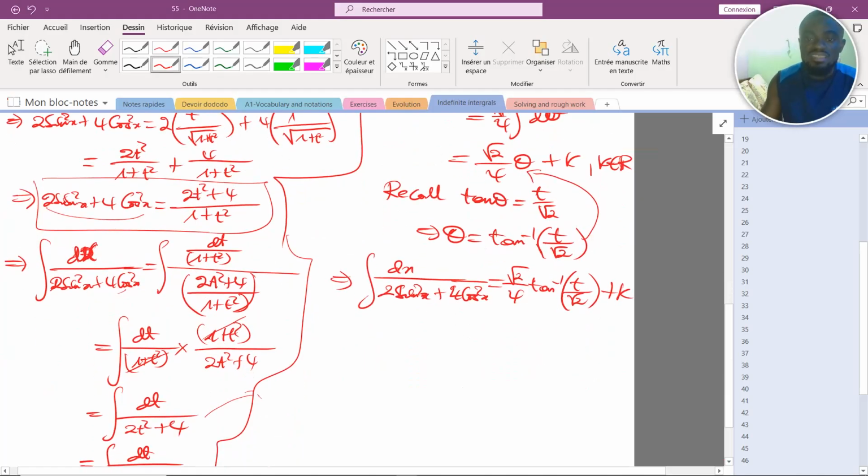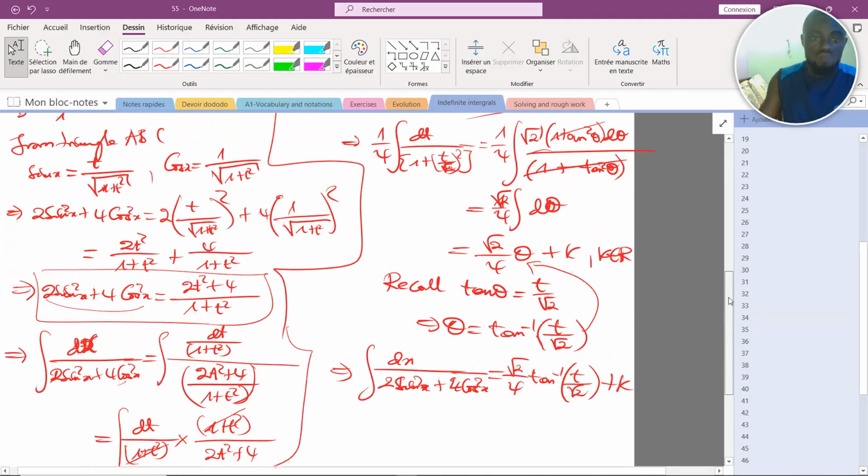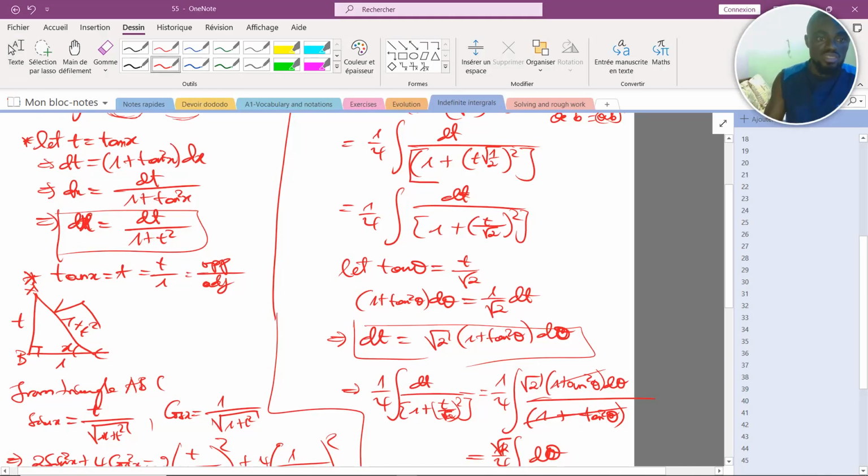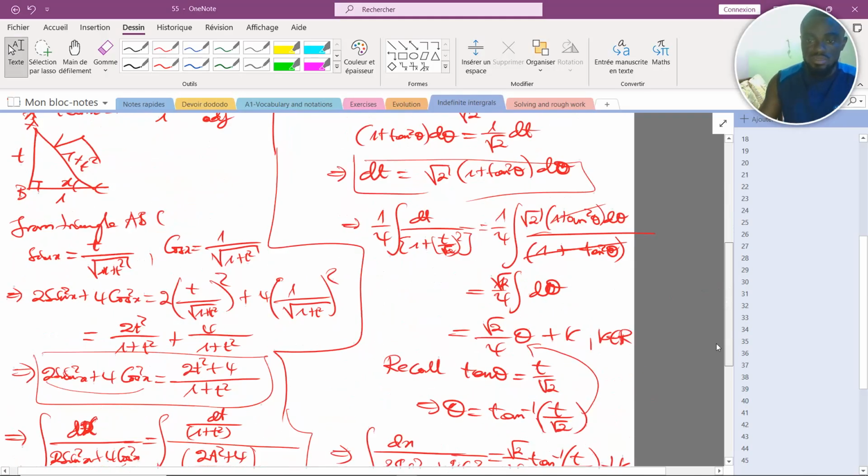But the answer is not yet in terms of x. We know that this t is related to x from our first substitution, which was t being equal to tan x.